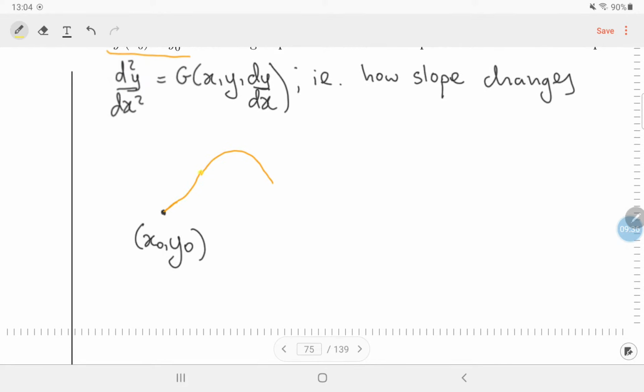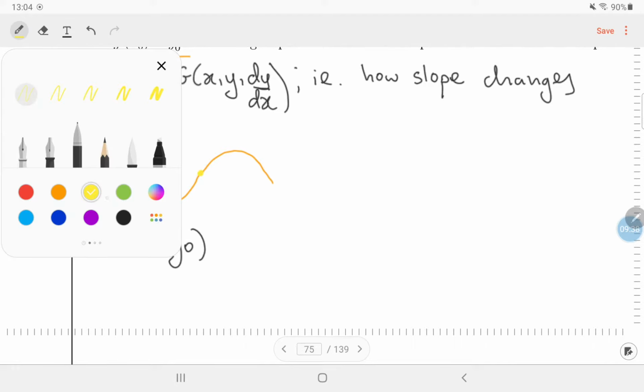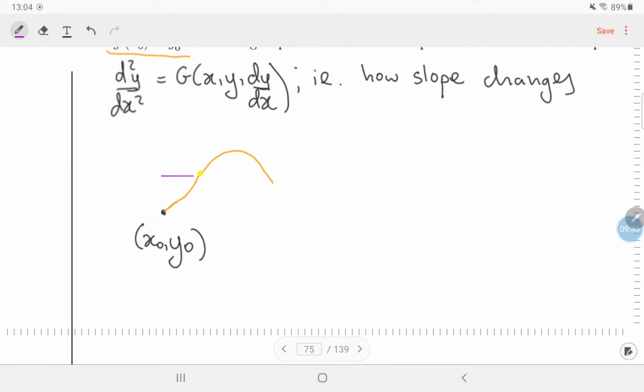At this point, y' is positive. At this point, y' is negative. And up at the top, y' is 0. And down here, the slope is negative.